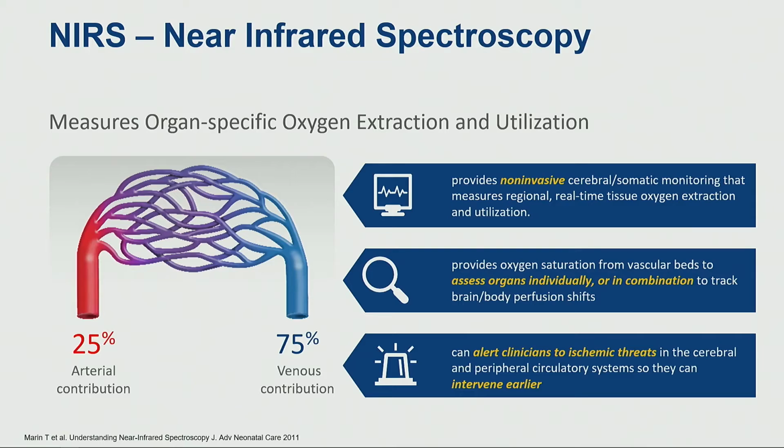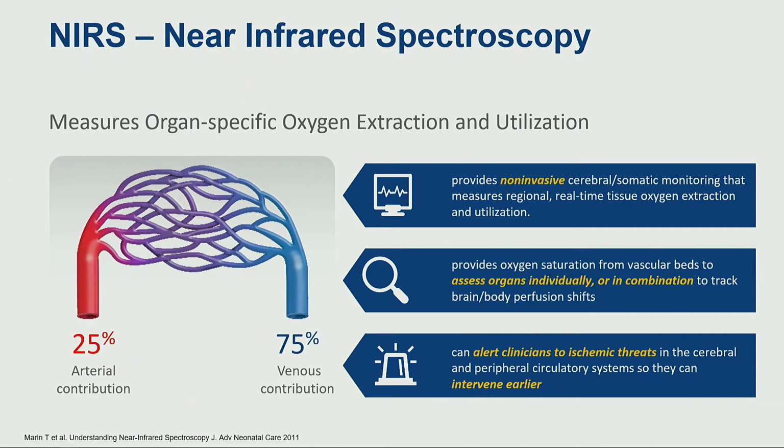So how does all of this fit into NIRS? Well, NIRS itself is measuring organ-specific oxygen extraction and utilization. It's providing non-invasive monitoring, both cerebral and somatic, and I'll talk a little bit more about somatic as well. We're just taking a difference between the arterial contribution and the venous contribution.